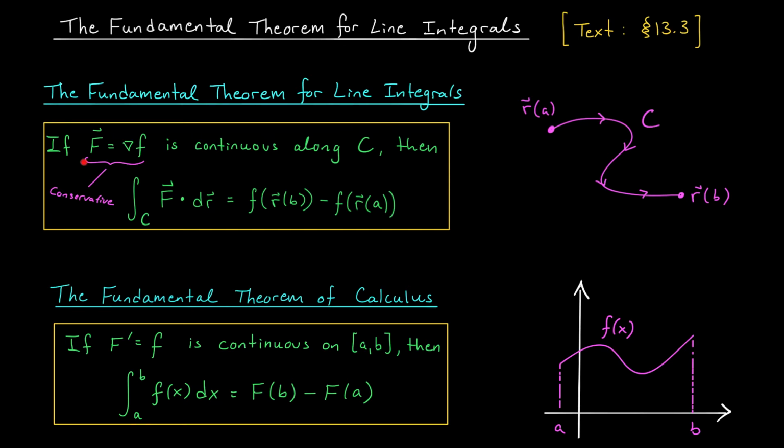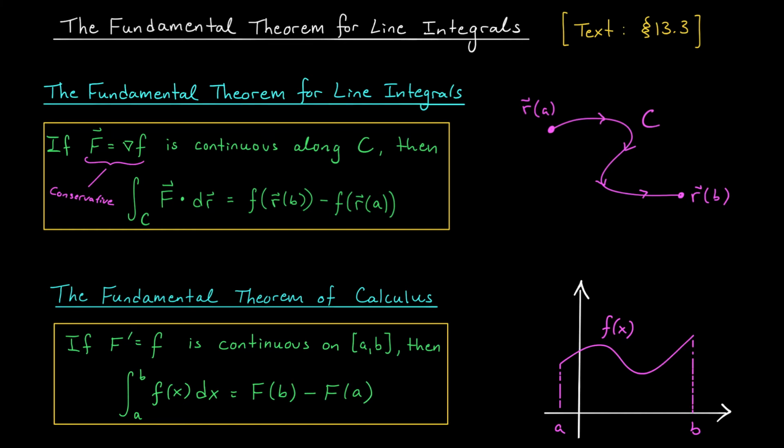Well, that's exactly what's going on here. Remember, way back when, I told you that you could think of this gradient vector sort of like a derivative, which means little f is sort of like an antiderivative. We're plugging in the endpoints to the antiderivative and taking the difference.